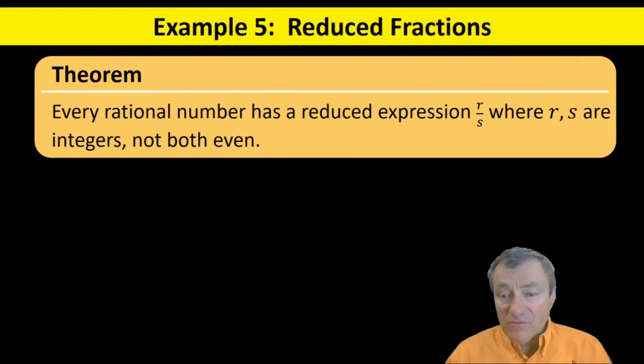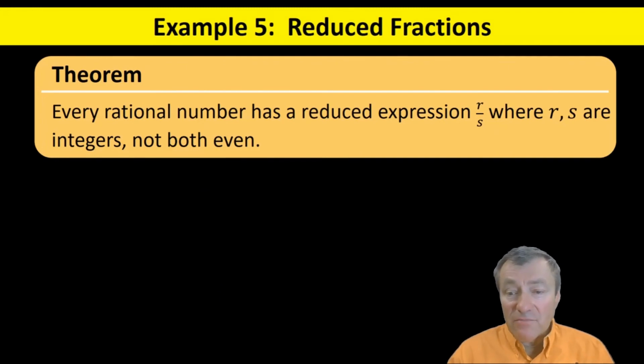One last example of a result proved by the methods of this video. This proof can be expressed either in the language of induction or using the equivalent language of well ordering. On the previous video, we used the fact that every rational number has a reduced expression.